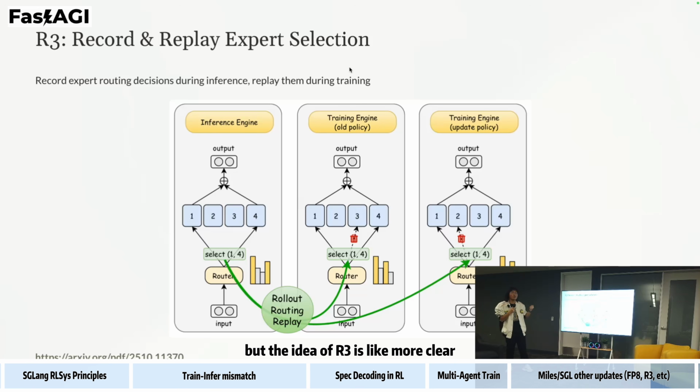But the idea of R3 is clearer: those experts that generate the token should be the experts being trained. If a token is generated by expert A and B, you do not want to train expert C and D.